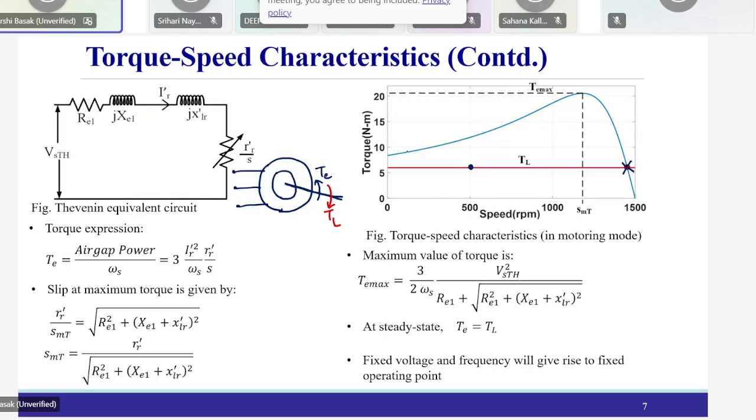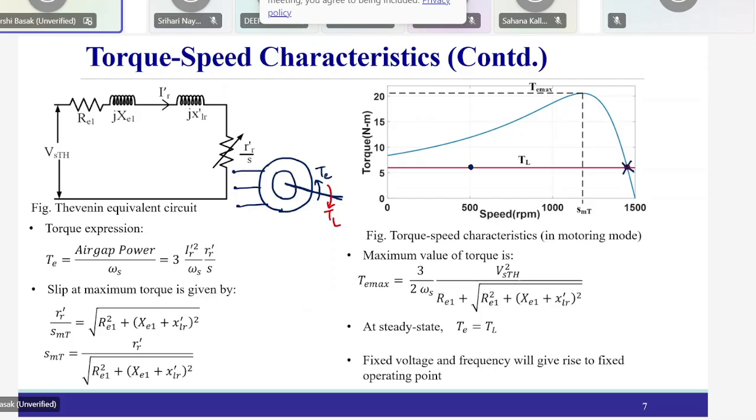So this torque speed characteristic is not possible. Why? Because there is no intersection. If there is no intersection, then it is not a feasible operating point, right? So now what I have to do is shift or alter the torque speed characteristics such that I am able to achieve the required torque and speed.